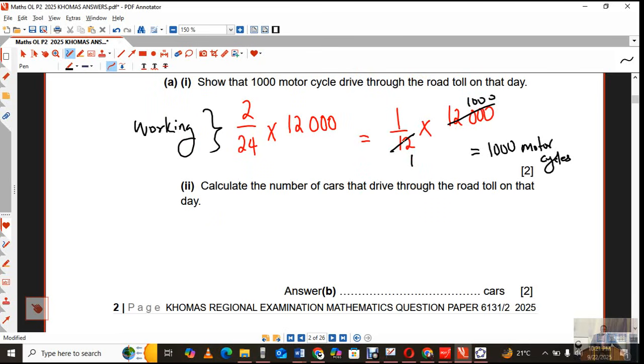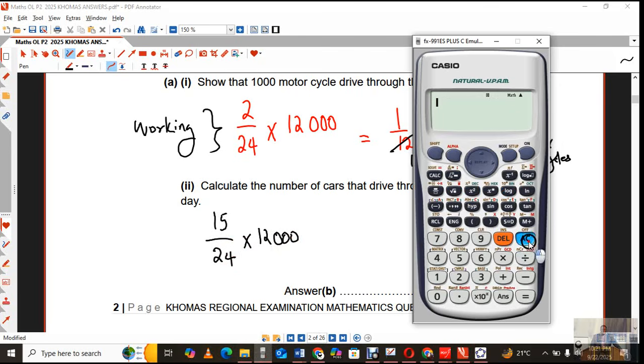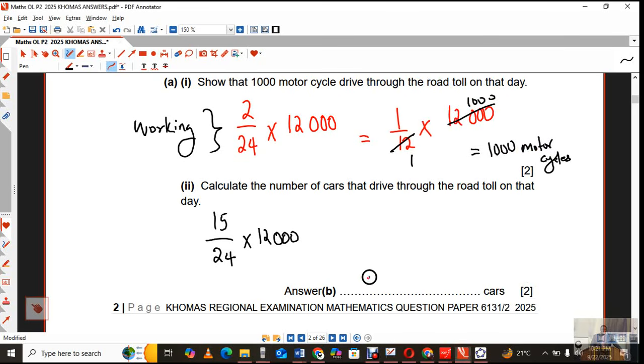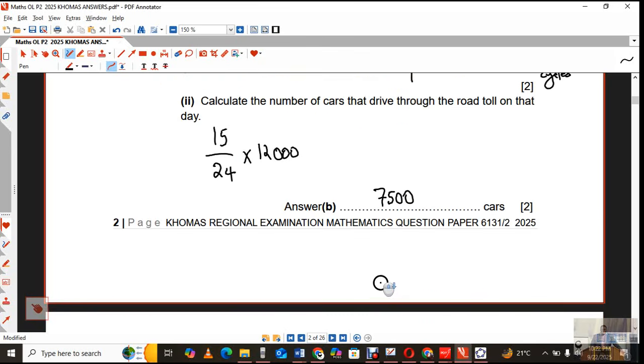So you're just going to say, okay, take 15 24ths and multiply that by the total number of vehicles, right? And then that should give you the answer. So you multiply 15 24ths by 12,000. Okay, that's 7,500, which is the number of cars that drove through that road toll on that Monday.